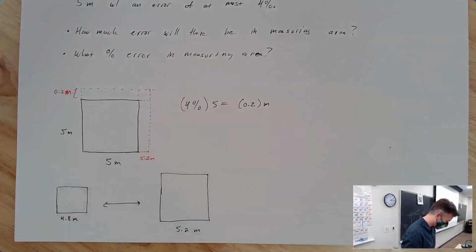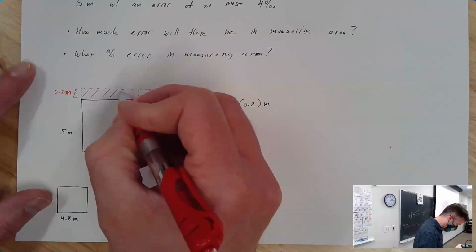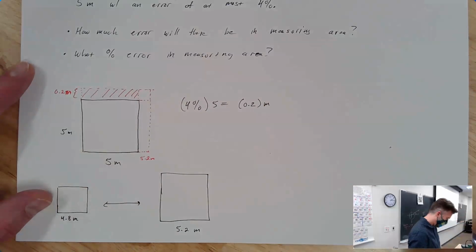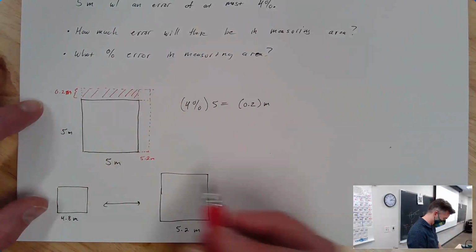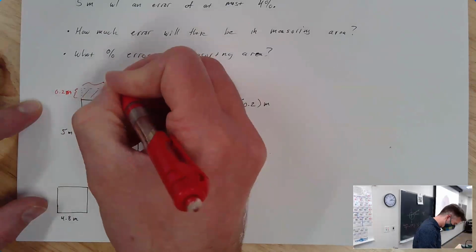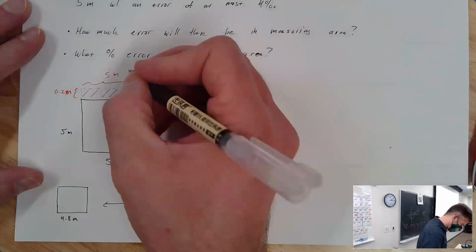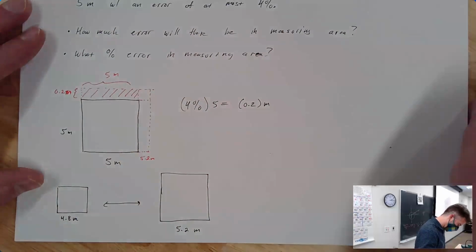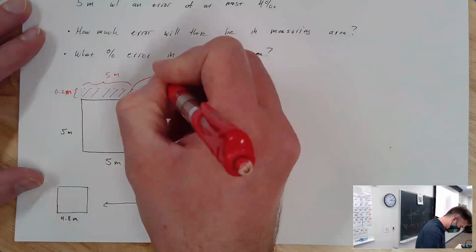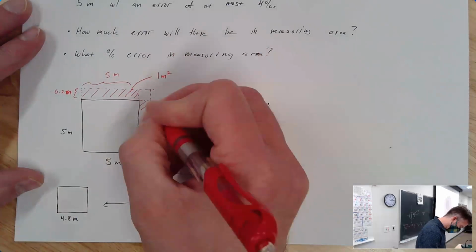And so how much area is in this rectangle here? Well, it's 0.2 meters times the 5 meters of width. That's actually going to be exactly 1 square meter of area.